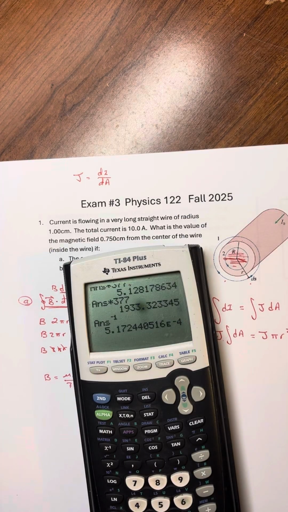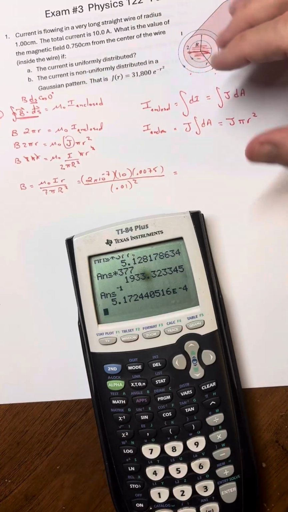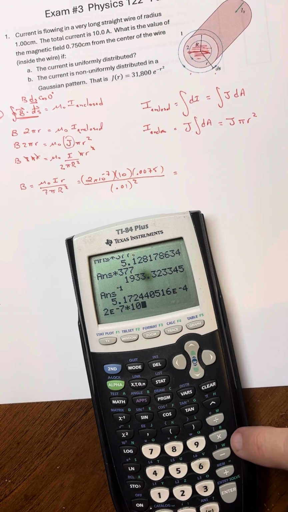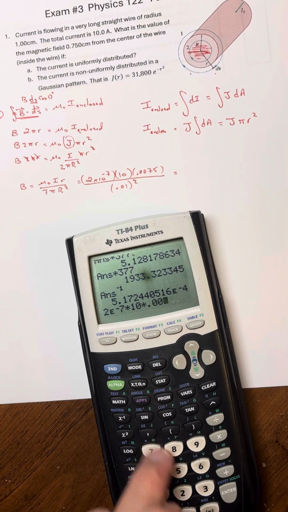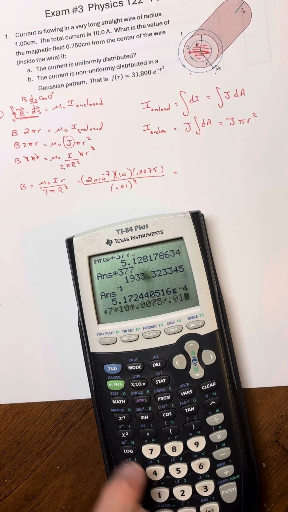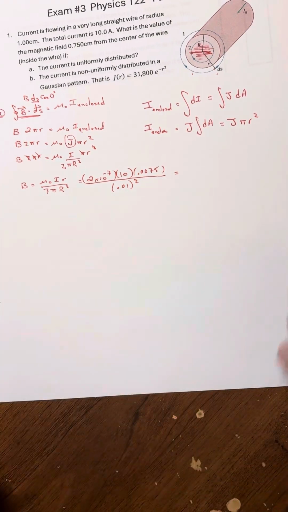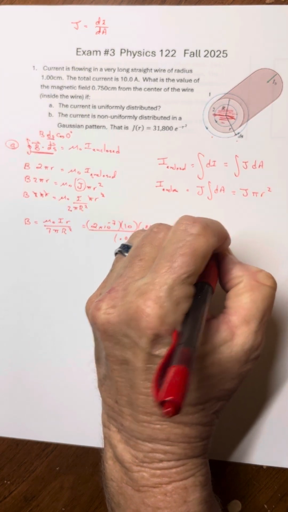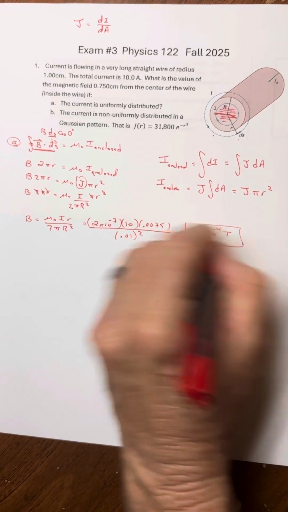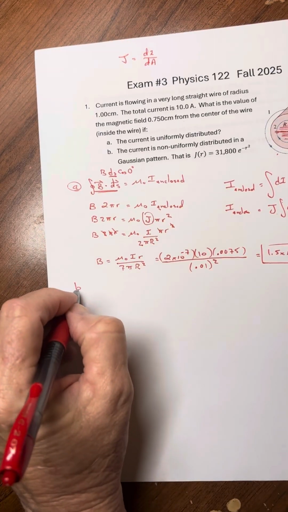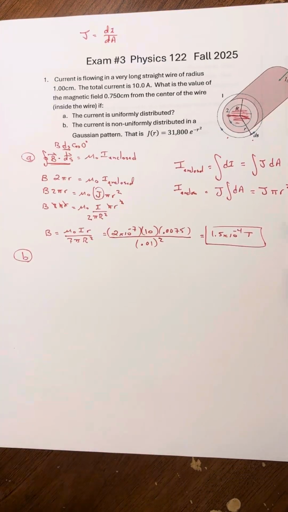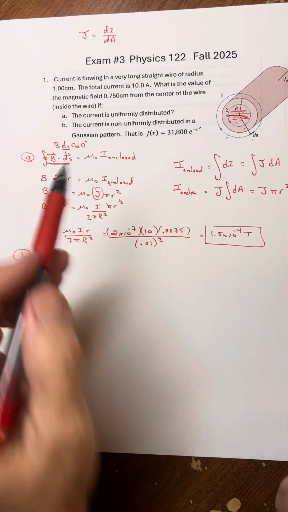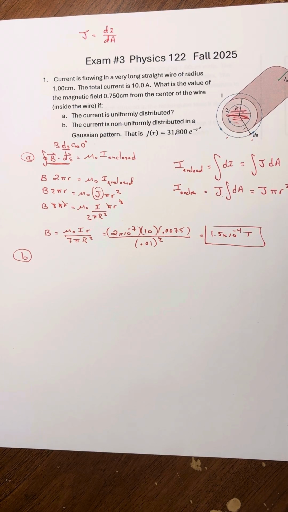And putting all that into our calculator, 2 times 10 to the negative 7 times 10 times 0.0075 divided by 0.01 squared is 1.5 times 10 to the minus 4 Tesla. Yay! And like I said, hopefully that went really well for you, since it was really already done. All you would need to do is just plug and chug into that one.